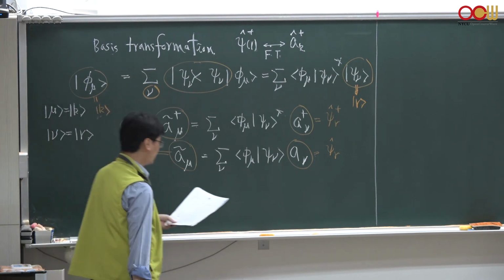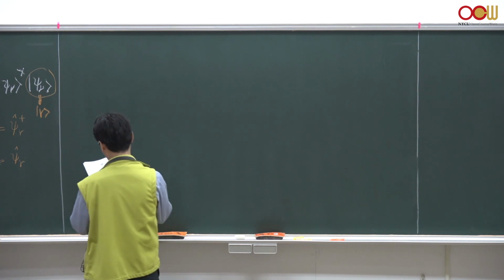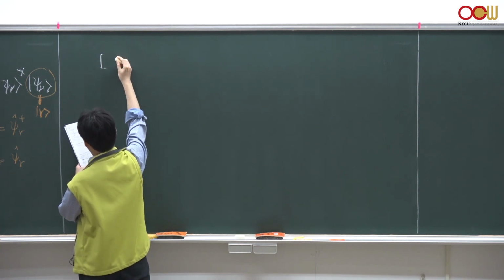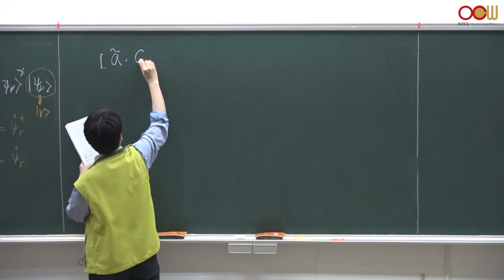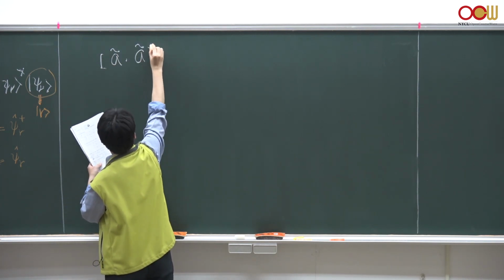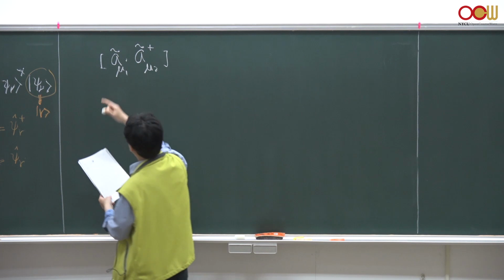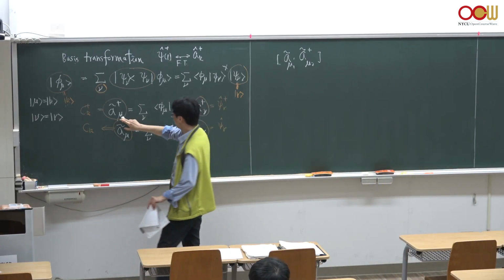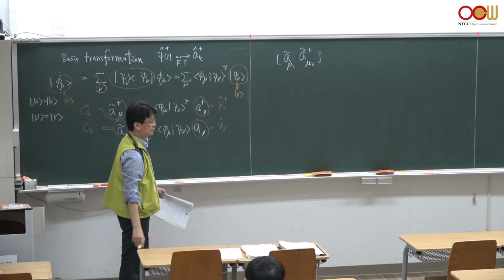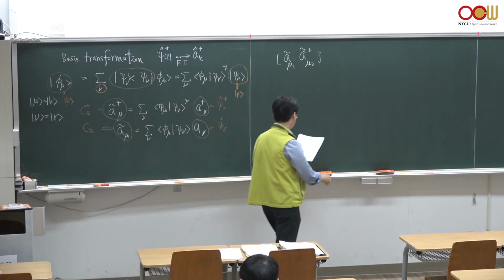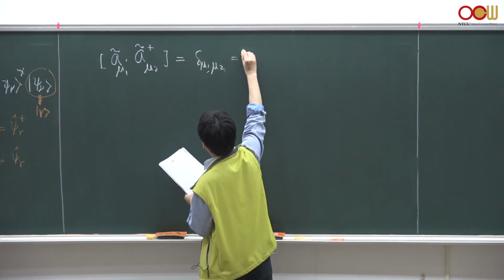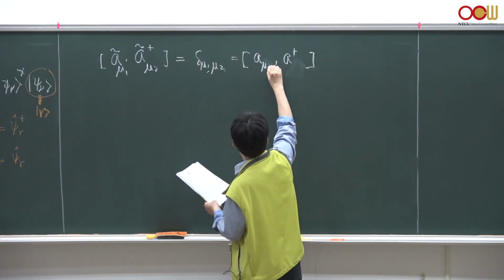So now let's check these anti-commutation rules for these new operators in new bases. Suppose I consider these operators as fermion operators, and I define these operators in momentum space, k or mu here, and I would like to show that this is still the same as before, which is the same as this a mu1 and a mu2.